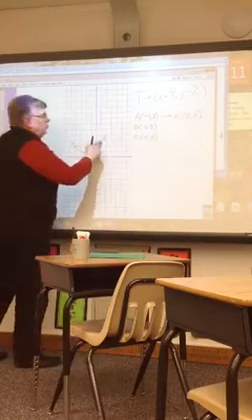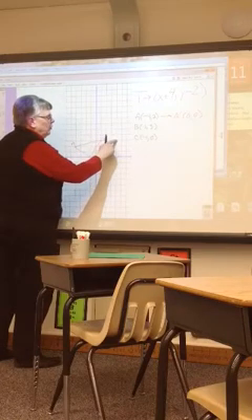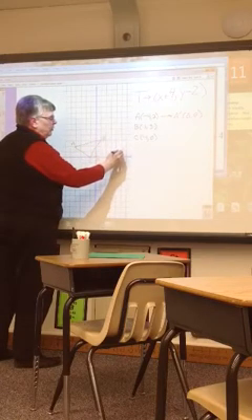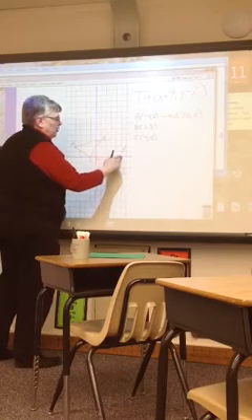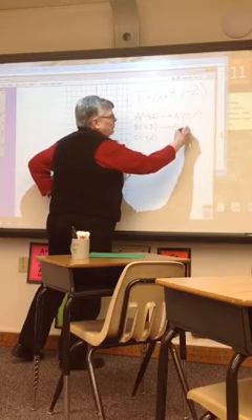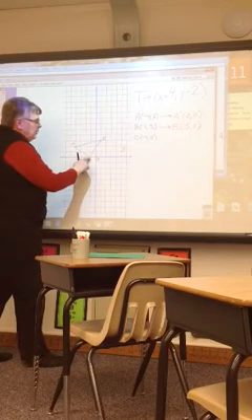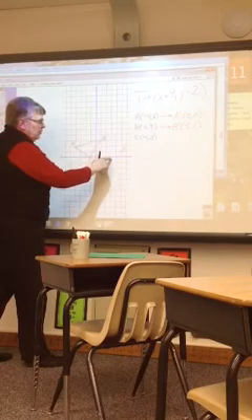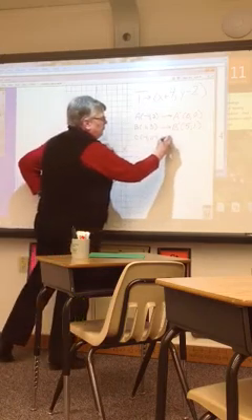Then if I go to point B and go right 4 and down 2, here is B prime, and it's the point (5, 1). And last, to do the C point, this point will be C prime.